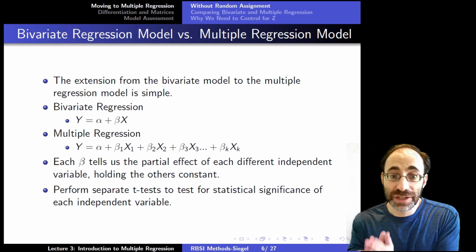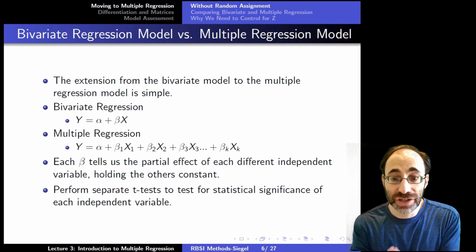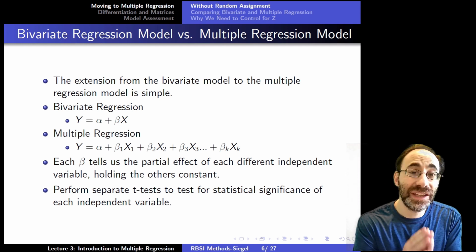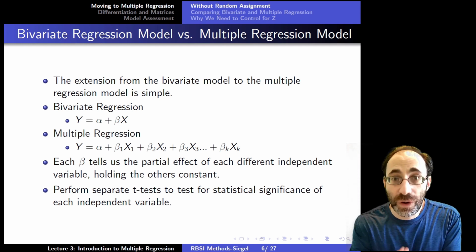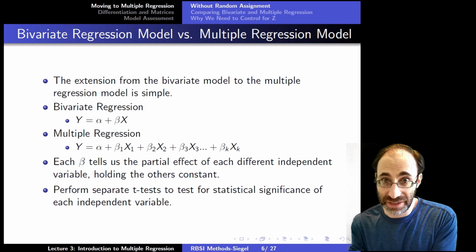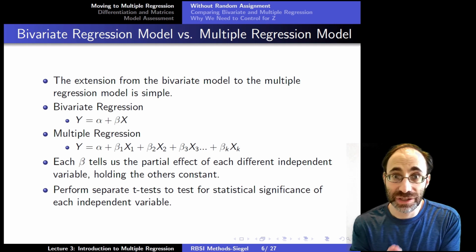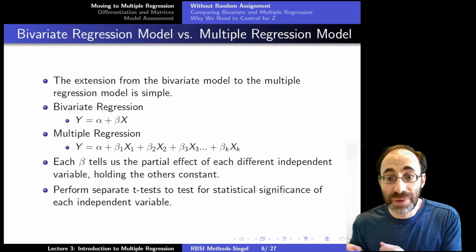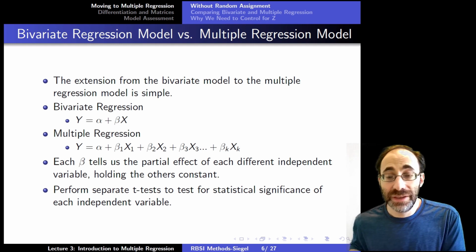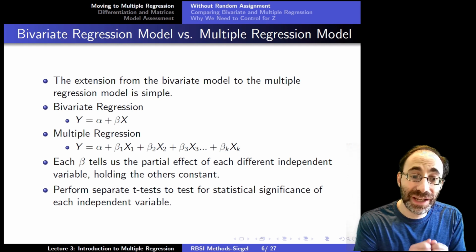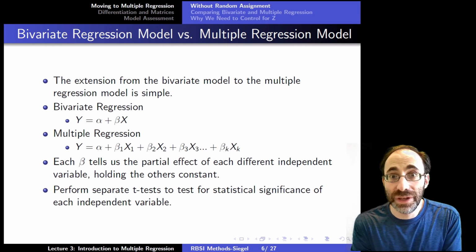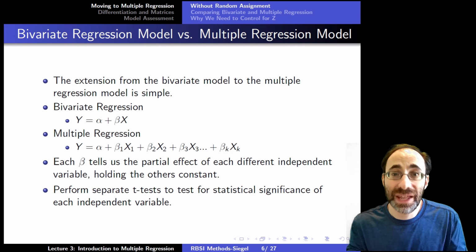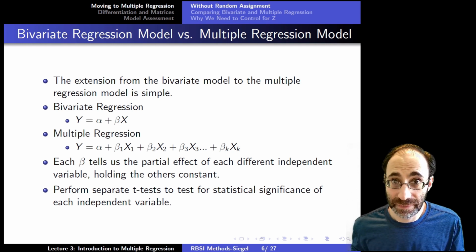Each beta in this regression tells us the partial effect of each different independent variable while holding all the others constant. I'll say that again because it's so important. Each of the betas here tells us the partial effect of each different independent variable holding all the other ones simultaneously constant.